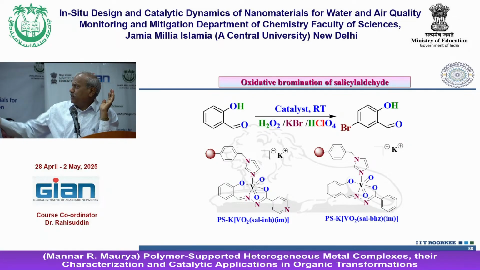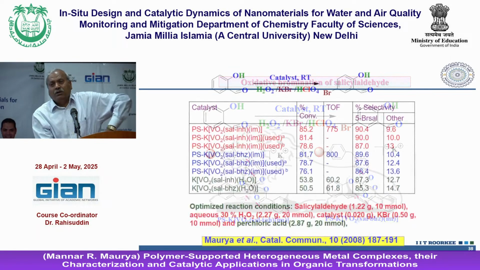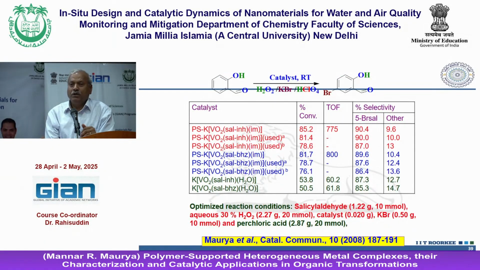So we tried that with this catalyst, and then I gave this real project to one of our MTech students, and you will see that the paper in Catalysis Communications worked very nicely. The simplest reaction, I would say, and still we are using the basic principle of haloperoxidase activity for other good molecules as well.